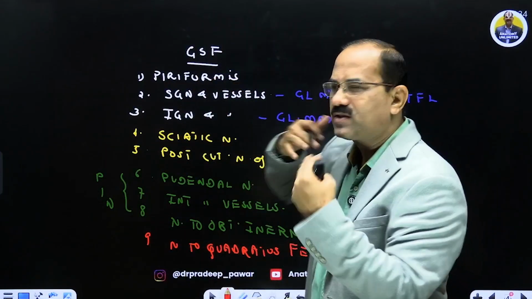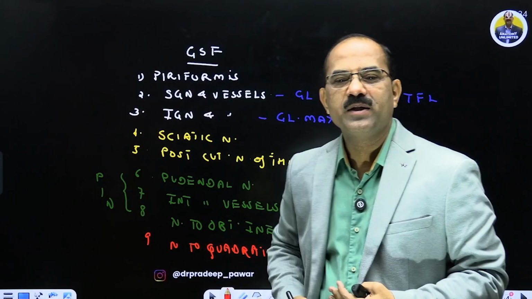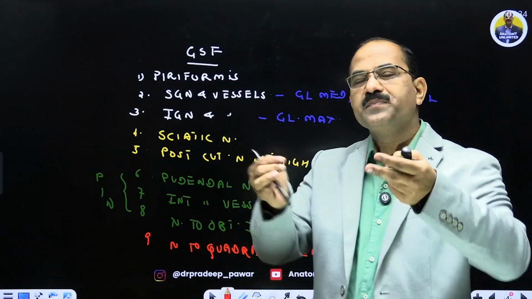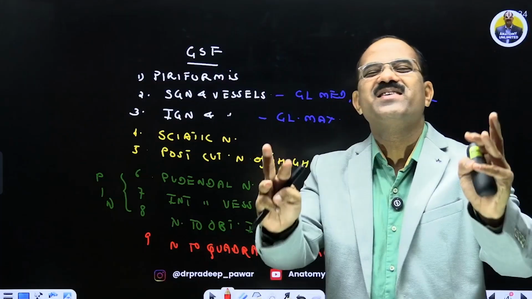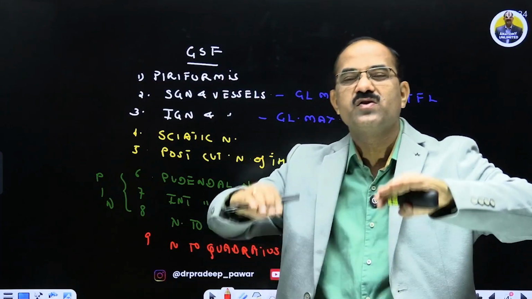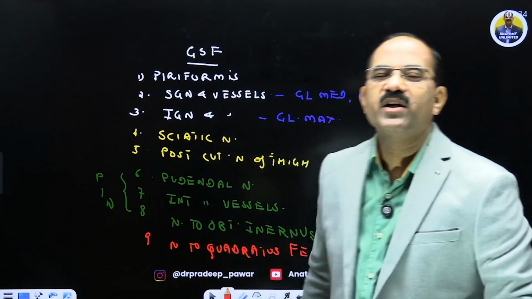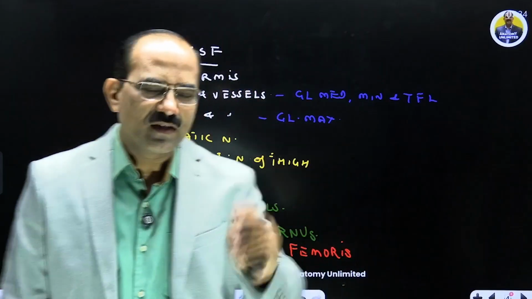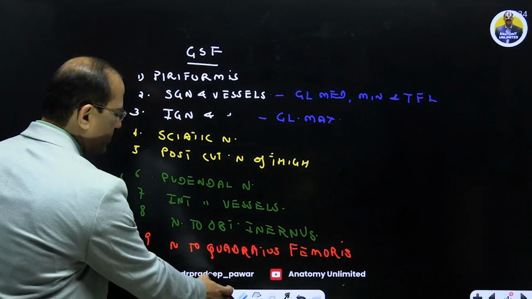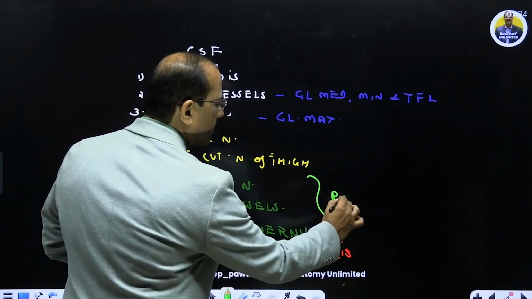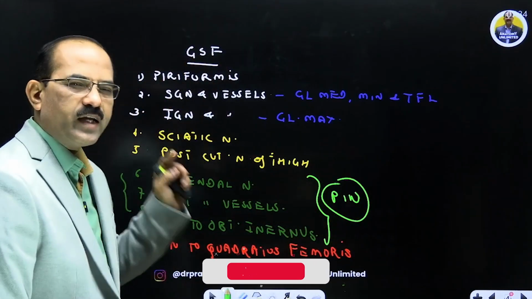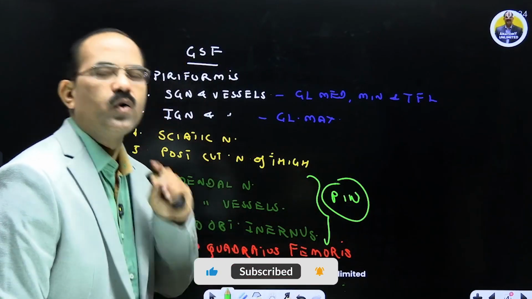Now all these structures come out through the greater sciatic foramen. Out of all these structures, three structures wind around the ischial spine and enter the lesser sciatic foramen. Which are those three? The three we wrote by the name of PIN: pudendal nerve, internal pudendal vessels and nerve to obturator internus.